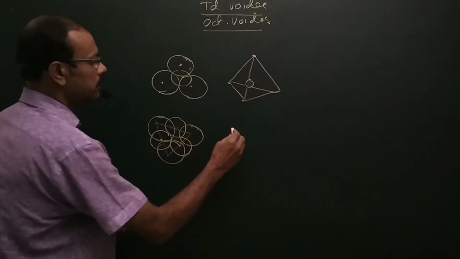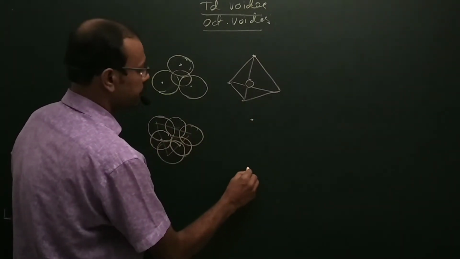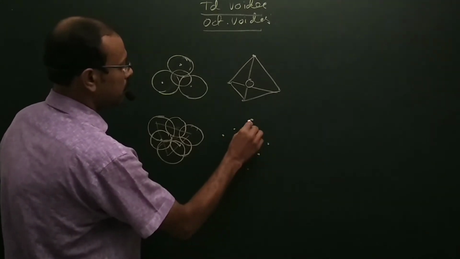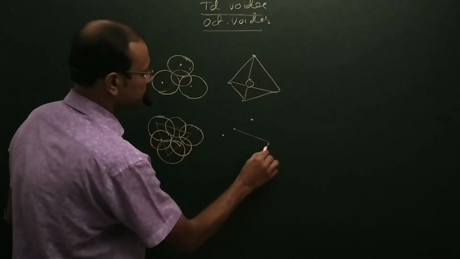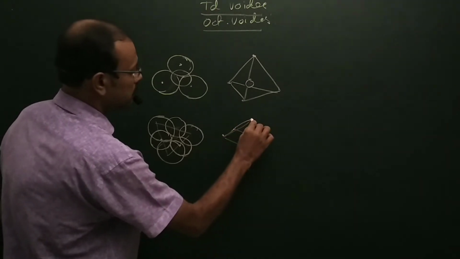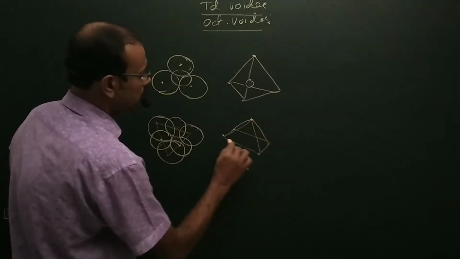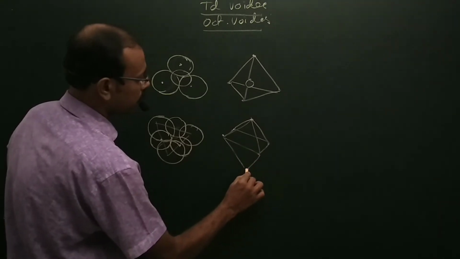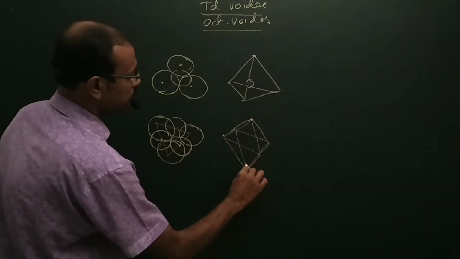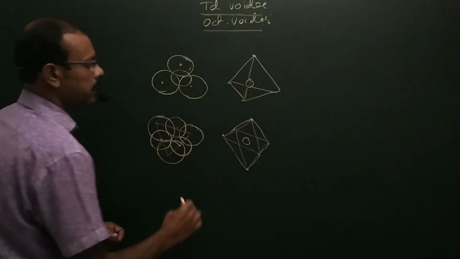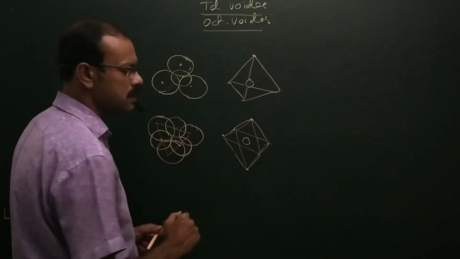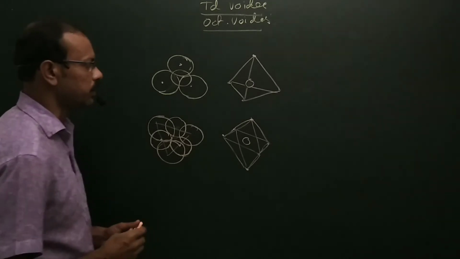If we invert this figure, we could find that octahedral voids are like this. This is an octahedron. If we draw imaginary lines, we will find the octahedron. So this void at the middle is called an octahedral void. These are surrounded by 6 particles situated at the vertices of the octahedron.